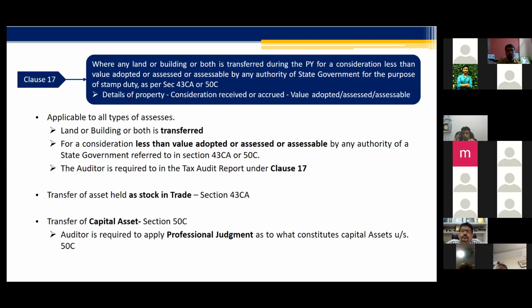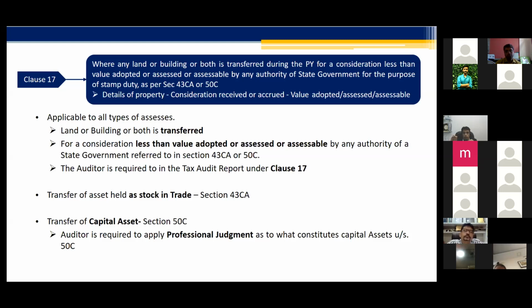So if the property, that is land, building or both, is transferred during the year, and the consideration received, that is the transaction value, is less than the value under the provisions of that particular section, you are supposed to report under clause 17. Clause 17 is specifically applicable when land, building or both is transferred for a consideration less than the value adopted or assessed or assessable.